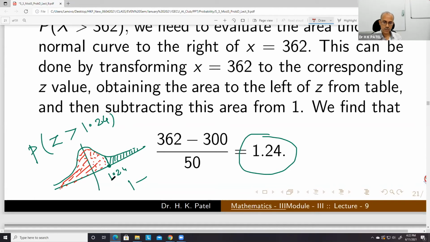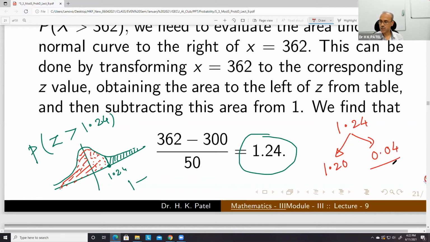This value at 1.24 will give you the area between minus infinity and 1.24 on the table. You can break 1.24 into two parts, 1.20 and 0.04.